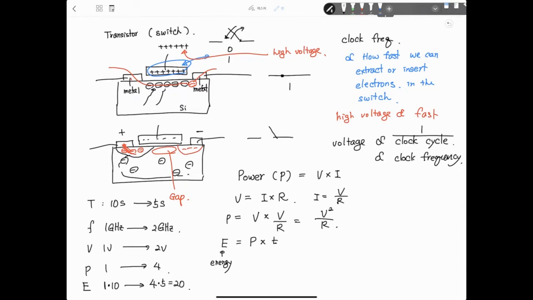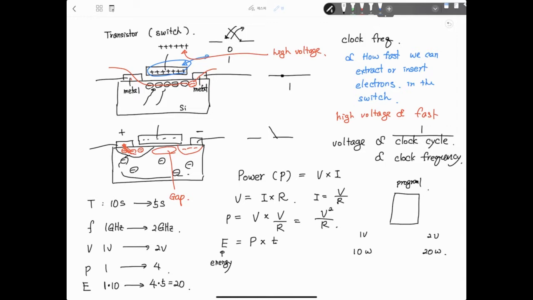So if we are running one program at 1 volt, it consumes 10. If we are increasing the voltage, then we need 20, even for the short time.